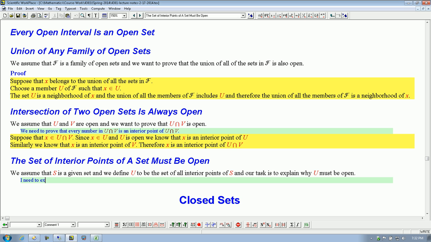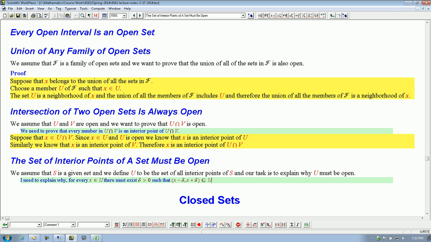I need to explain why for every x in U, there must exist delta greater than 0 such that the delta stick around x is a subset of U. Isn't that what I've got to do to explain that the set U is open?